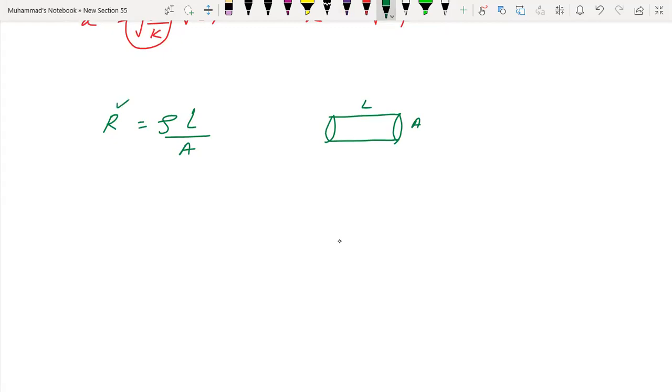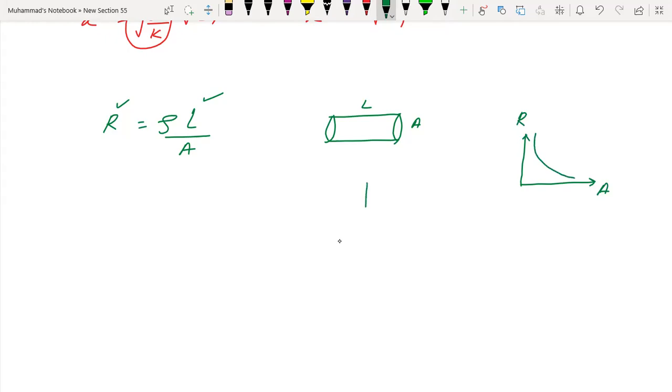So resistance versus L will be a straight line. If you're changing L, you're keeping A constant, then it will be a straight line. And if you are keeping L the same and you are changing A, the cross-sectional area, then the graph would be in this form.